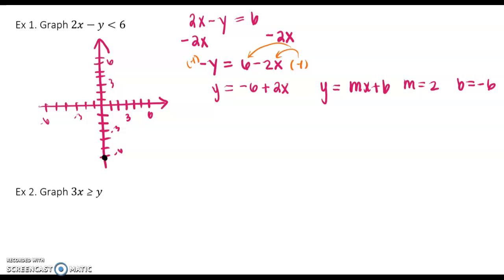So you're going to go down to negative 6, put a dot there, and then you're going to do the slope. Remember this is 2, but you could put an over 1, and remember slope is rise over run, so that's going to help you. You're going to rise 2 and run 1, rise 2 and run 1, and then connect those dots. But remember, this is going to be dashed because there's no equal sign here.